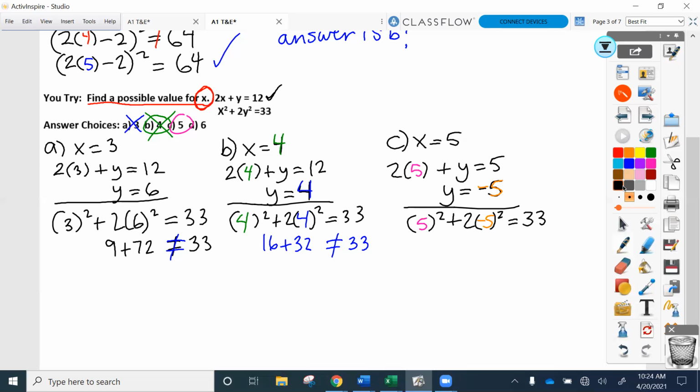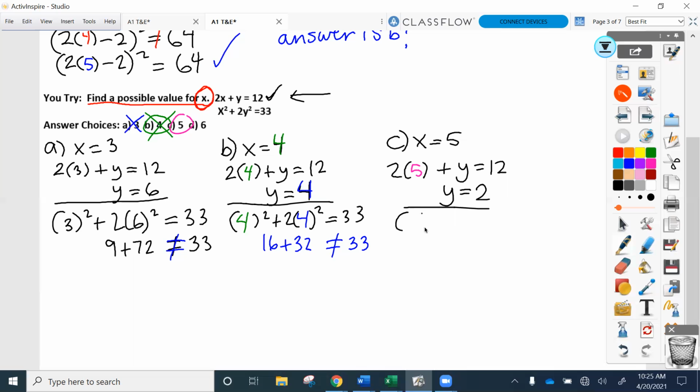X is 5. 2 times 5 plus y equals, I see what I did. This should have been a 12. Something didn't look right there. I'm just getting that from this equation right here. I don't know where I got 5. Okay, so if we take 10 and subtract it from both sides, we'd get y is equal to 2.